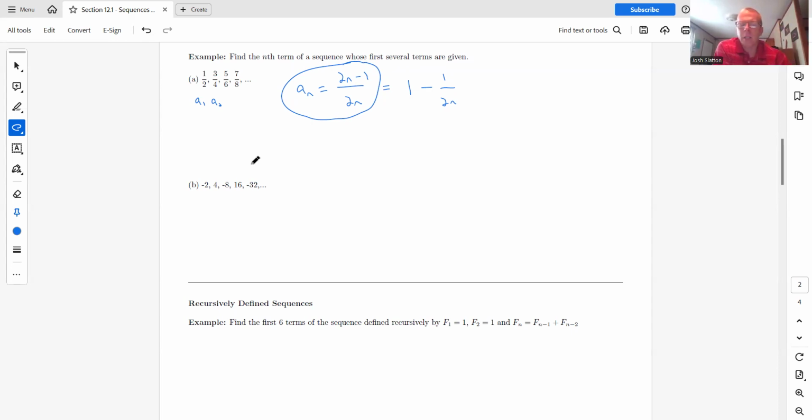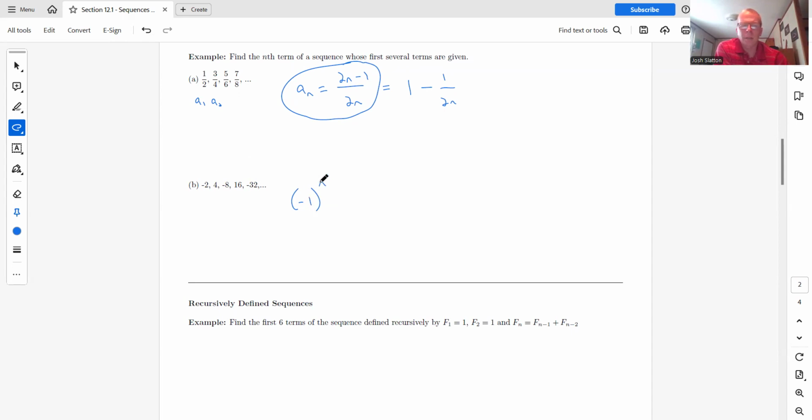So this next one, -2, 4, -8, 16, -32, we notice that every other term is negative. So that will tell us probably that we'll have a -1 to the n. This is typically what you do if the sign's alternating. If the first number is positive and the second number is negative, then you'd make it -1 to the n plus 1.